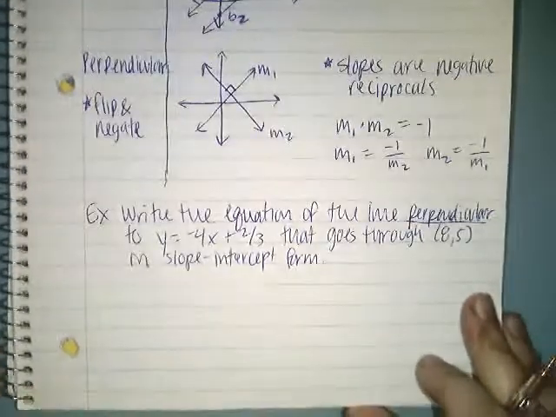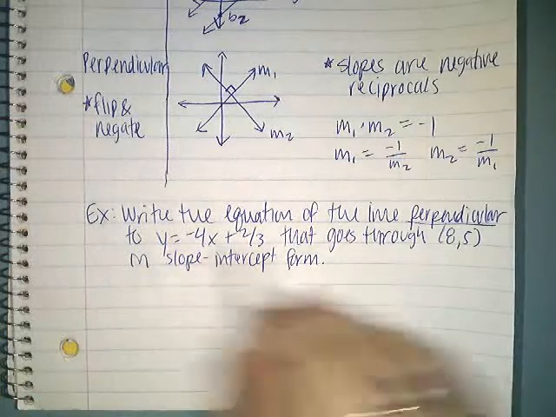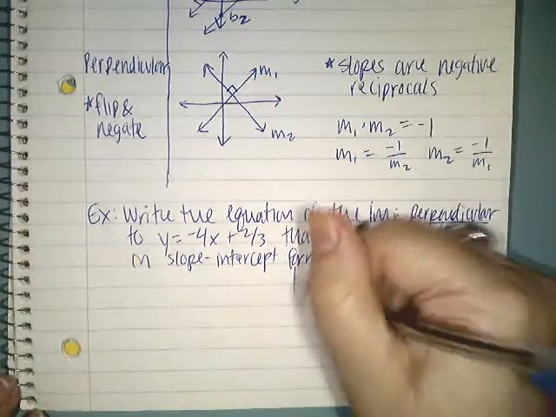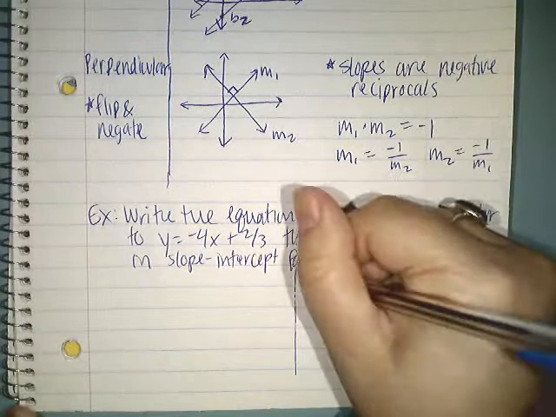So this is our goal, to write the perpendicular line to this that goes to this point in slope intercept form. So the first thing we need to do is determine slope.